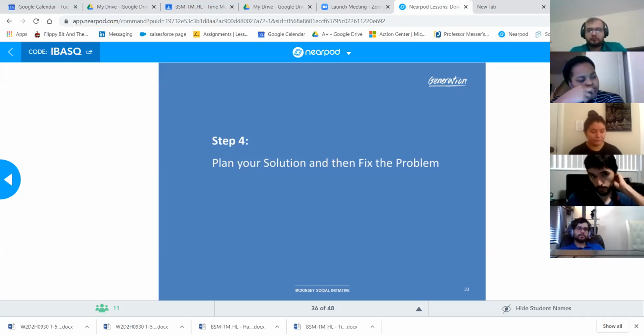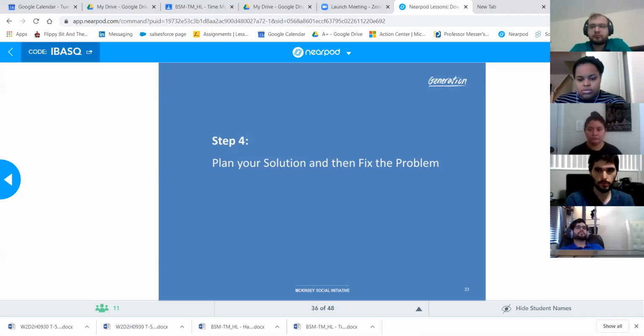Exactly, right? You want to make sure the plan you're choosing also has the best repair option, because you're testing your theory and everything. And also you want to make sure that we have the right parts and supplies, because if it is a hardware issue, should I be opening up your computer or taking your computer away if I don't have the parts? So that's another reason why we should plan your solution and then fix the problem.